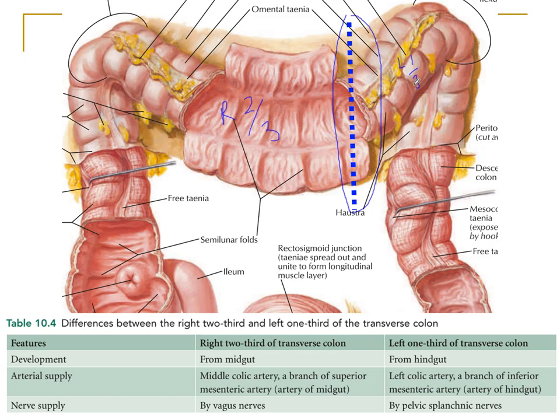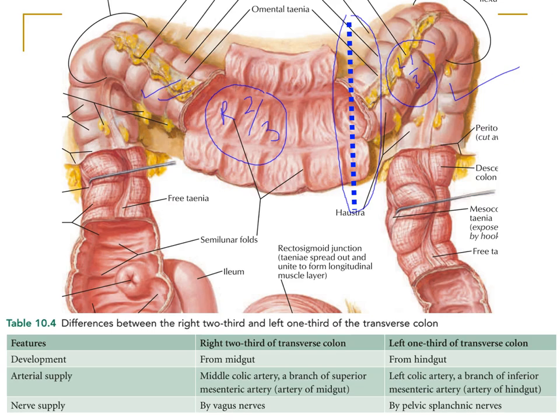If the development is different, then the arterial supply is different. The right two-third part is supplied by the superior mesenteric artery and its branches. The left part, developed from the hindgut, is supplied by the inferior mesenteric artery and its branches.